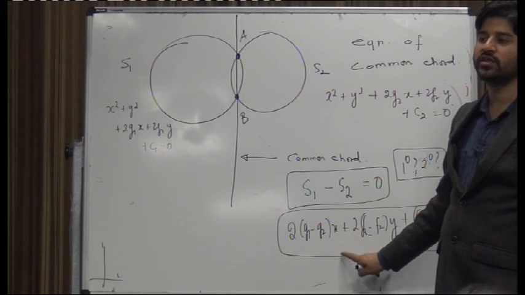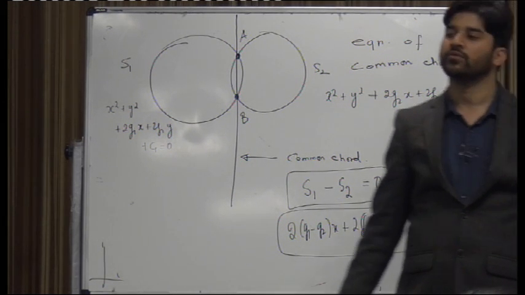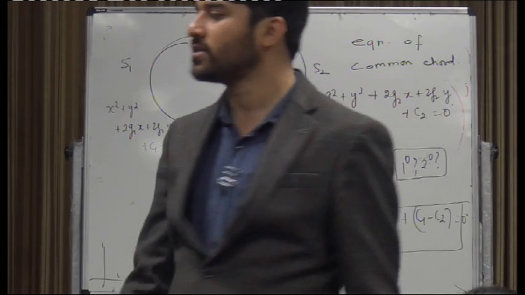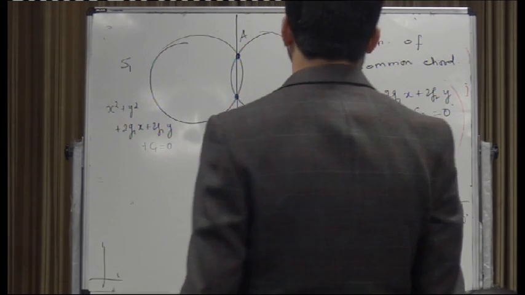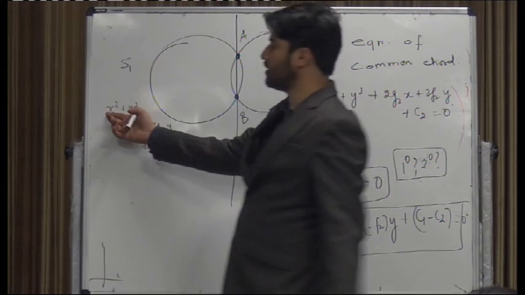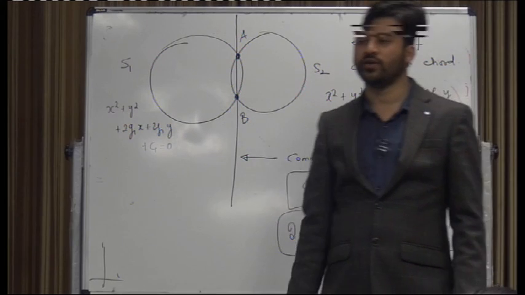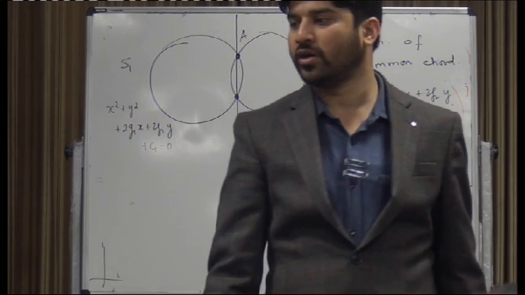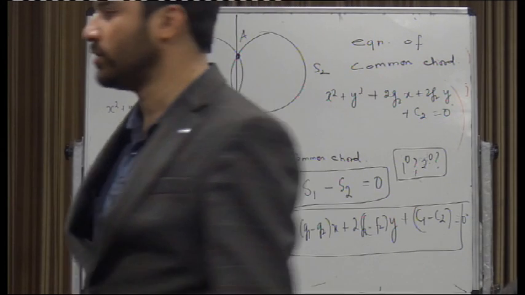What does it mean? It is the equation of the common chord. So the equation of the common chord turns out to be S1 minus S2 is equal to 0. You have to make sure that the coefficients of x square and y square are equal. Then only S1 minus S2 would turn out to be a linear equation.